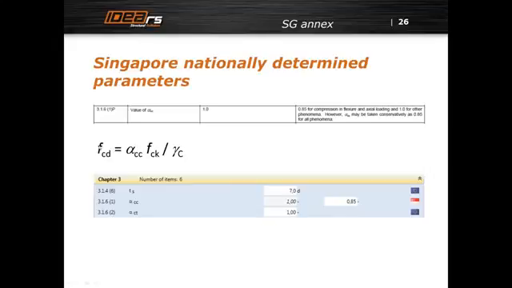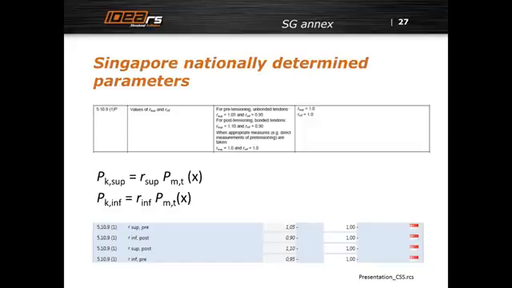You see that it is used to calculate the design strength of concrete for long-term loads. The standard value is 1.0, but the Singaporean value is 0.85, which means that in case you have a significant portion of long-term loads, your design would be safer.